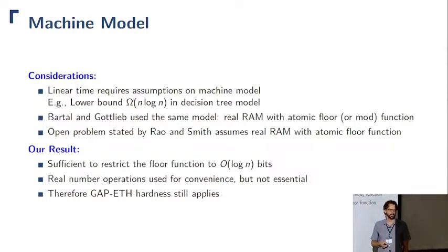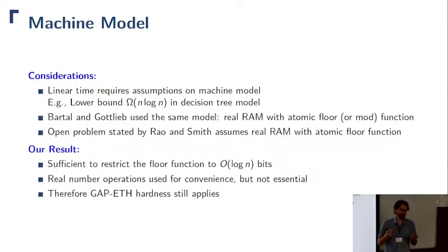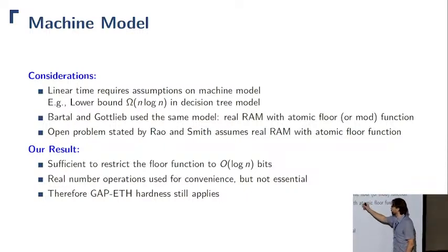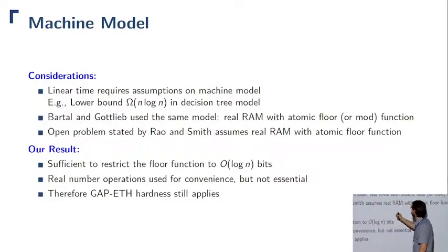Bartal and Gottlieb used real RAM with atomic floor function, and we use the same model. They were specific about atomic floor or mod, and it would be the same for us. We only stated it with atomic floor because I don't think it makes a real difference. And the open problem stated by Rao and Smith also assumed the real RAM with atomic floor function.